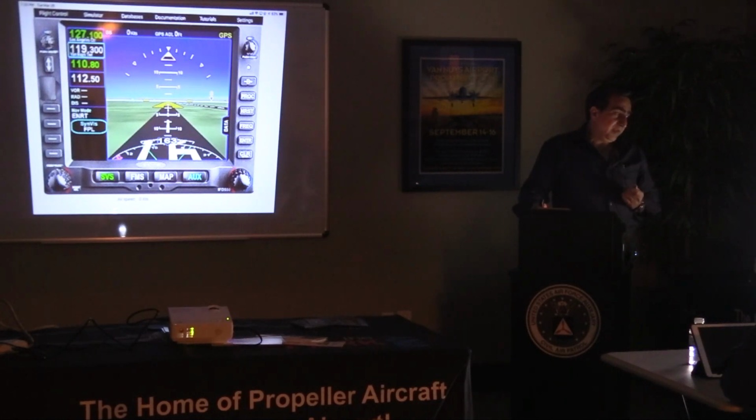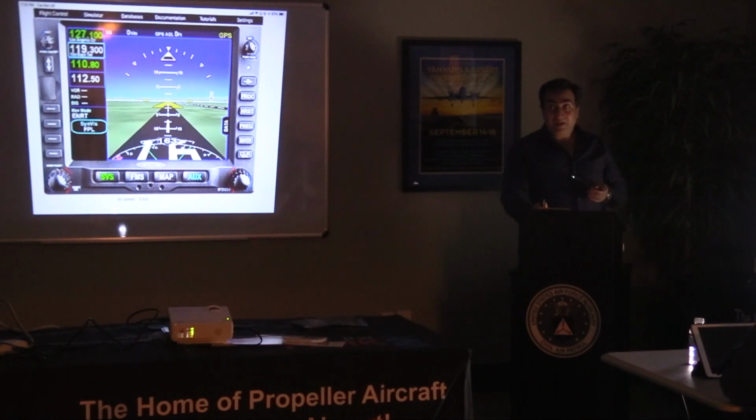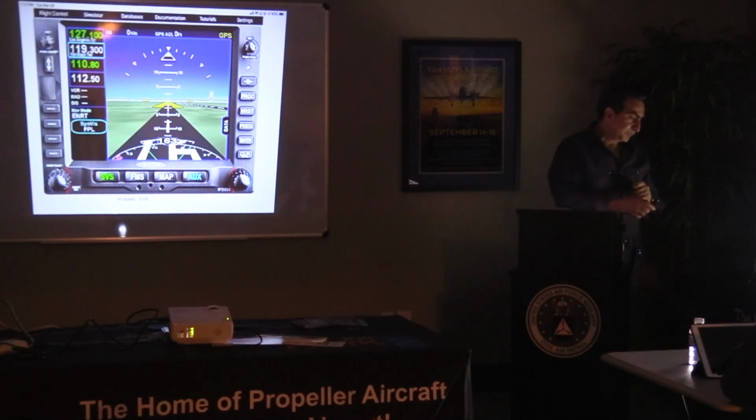Now the ADSB band can receive air-to-air as long as they have the same frequency, or it can pick up the information from the ground station, which has more data in it. The nice thing about the 978 is that it also receives the weather information. So we do have weather information on our Avidynes, which I'm going to show you how to get to a little bit later.